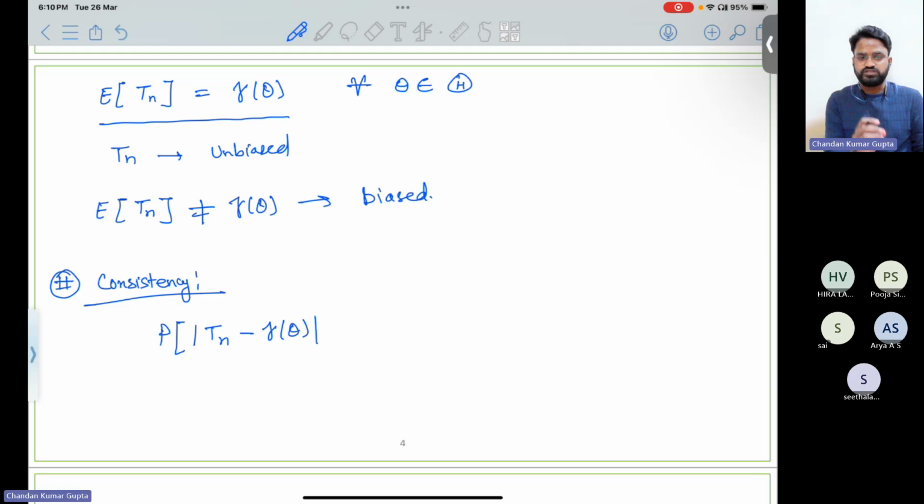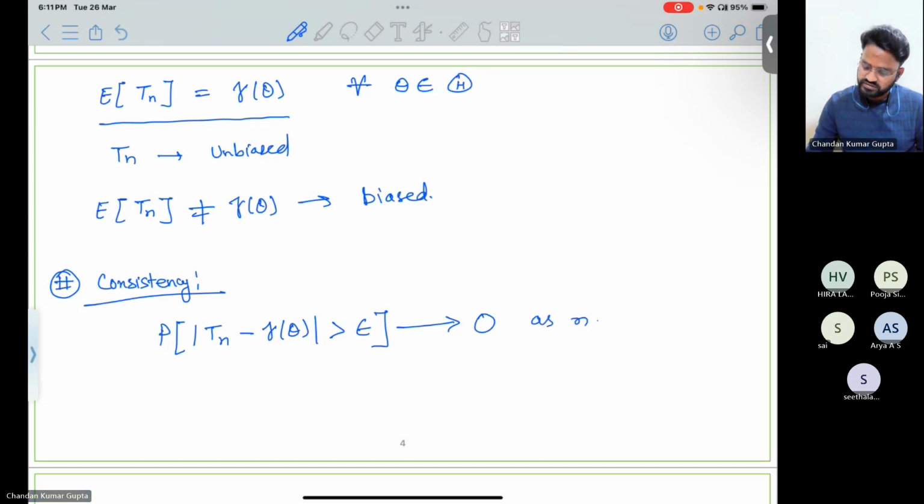The difference between the estimated value and the true value, Tn minus gamma theta, is less than epsilon. It is a large sample property actually, consistency. Here epsilon is some positive quantity which is greater than 0.